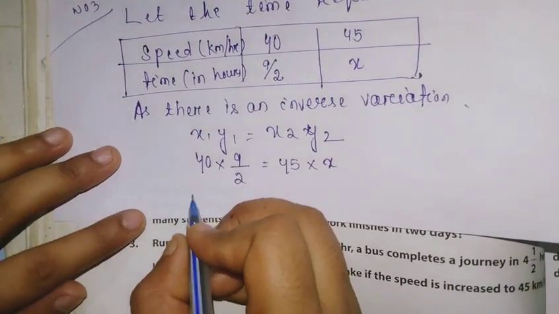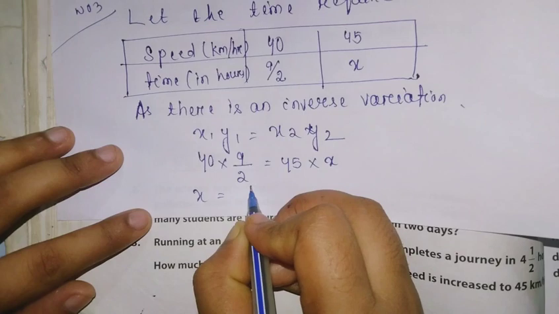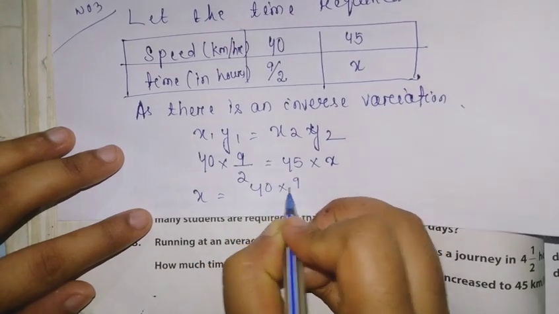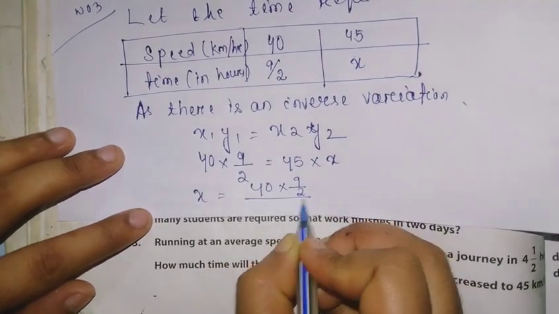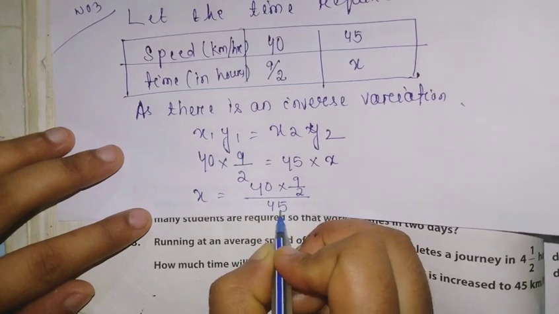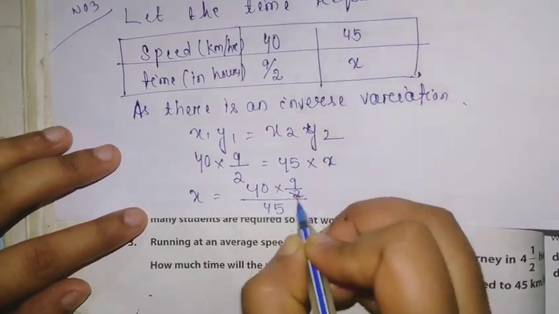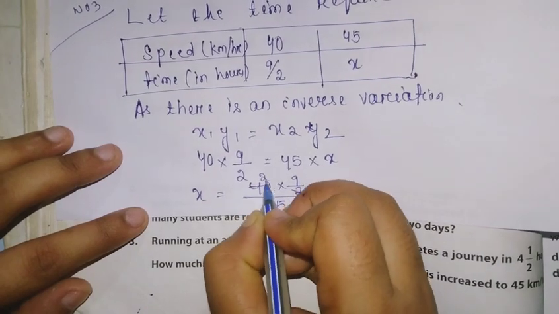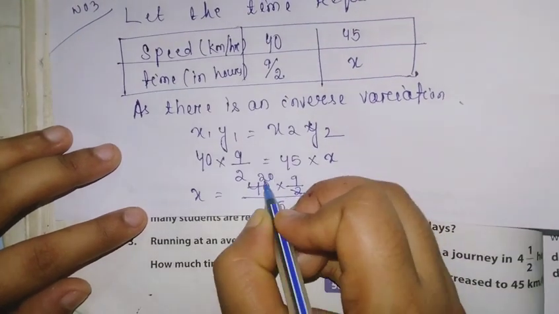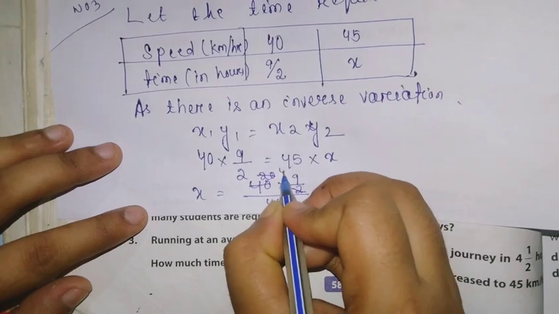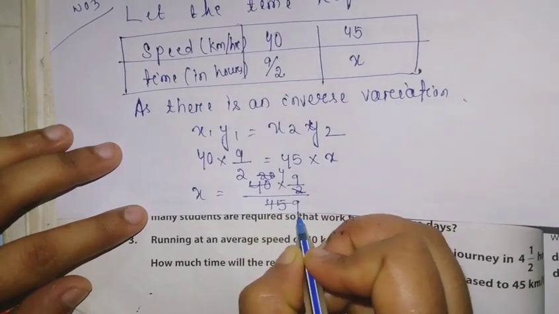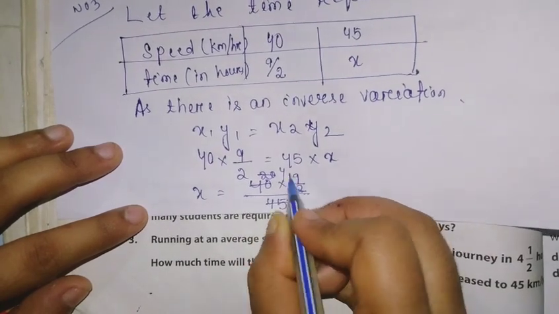Then x equals 40 into 9 by 2 divided by 45. First divide by 2, 40 divided by 2 equals 20. Then 5 fours are 20, 5 nines are 45. Then 9 ones are 9.